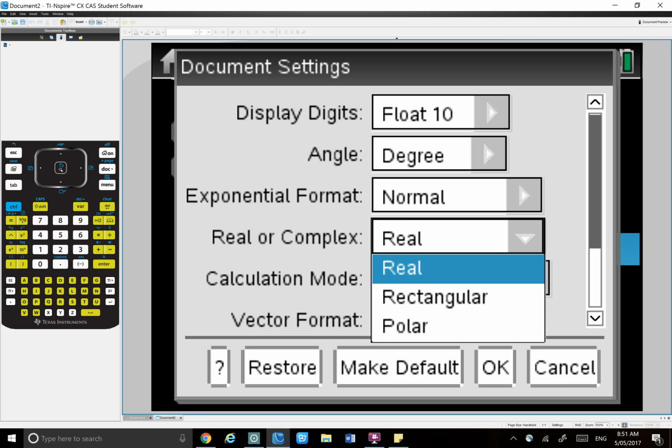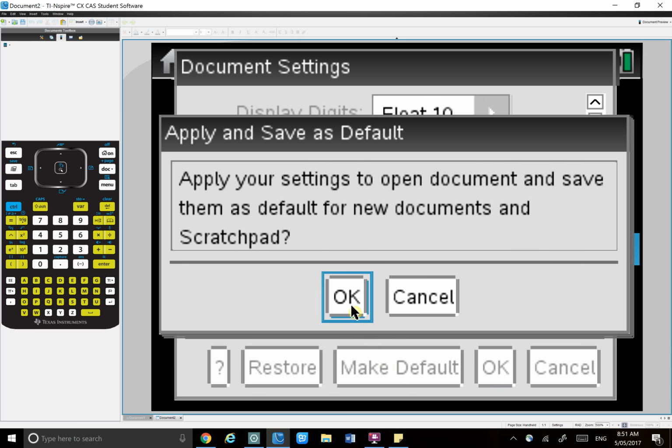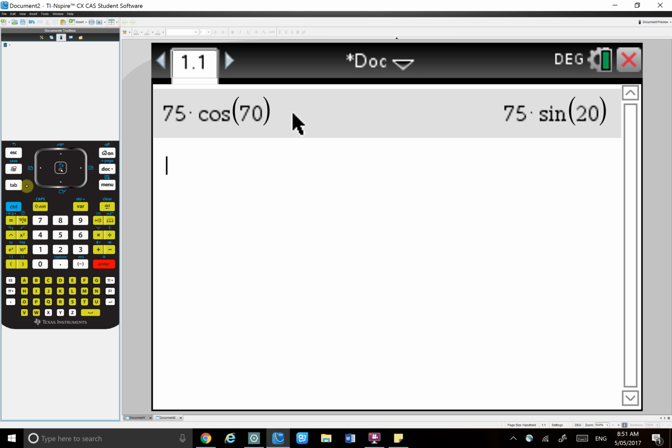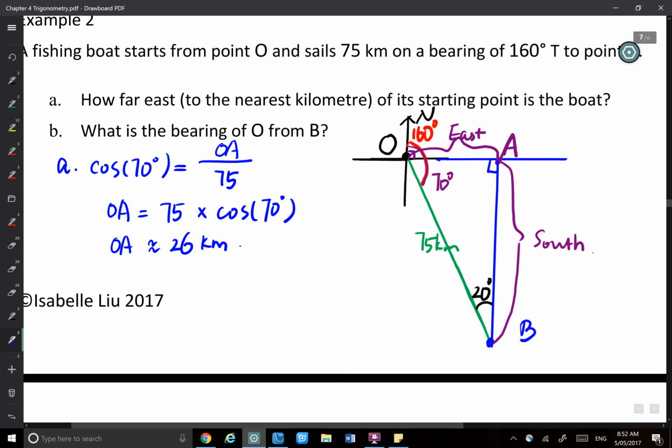Okay, 75 times cosine 70. Control enter. So it's 25.6, to the nearest kilometer it's 26 kilometers. Yeah, OA is 26 kilometers.